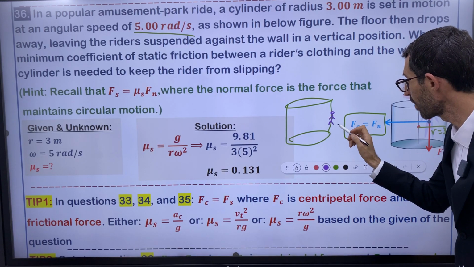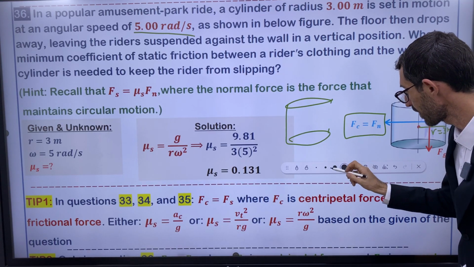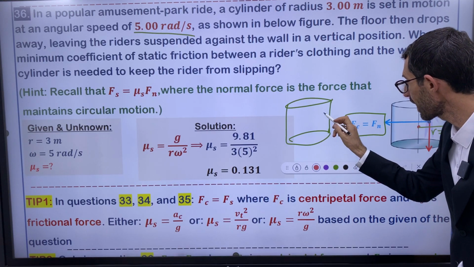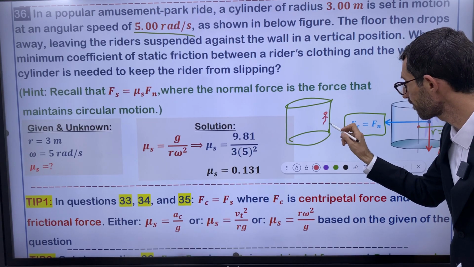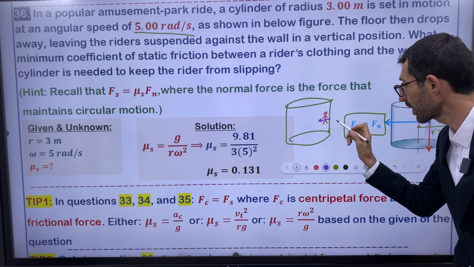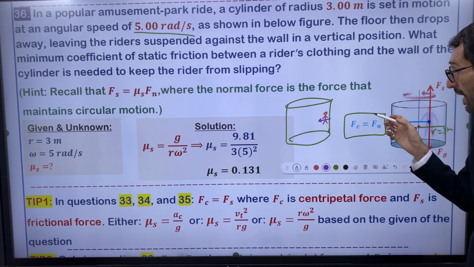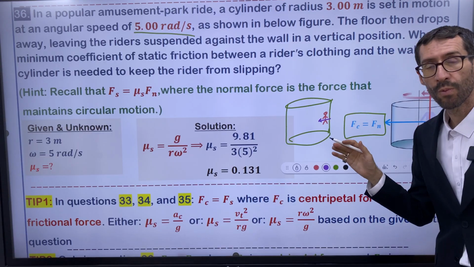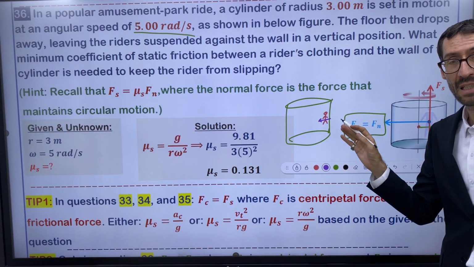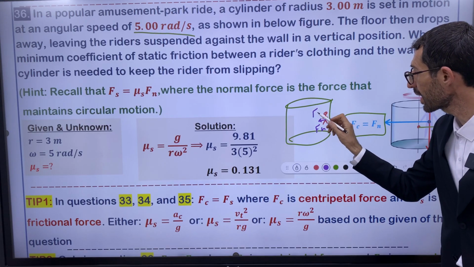Let me draw it again. There's a cylinder and the person is here. So the reaction of the cylinder against the body of a person becomes a centripetal force. What do we mean by reaction of the cylinder against the body of a person? It means Fn. So here Fn becomes Fc.